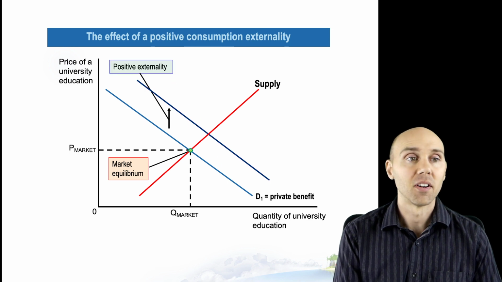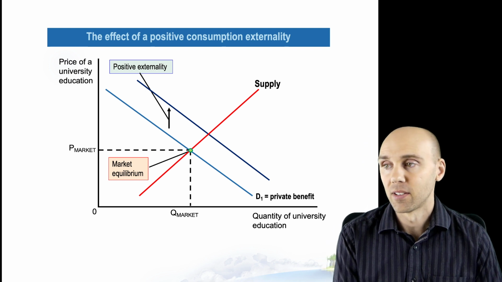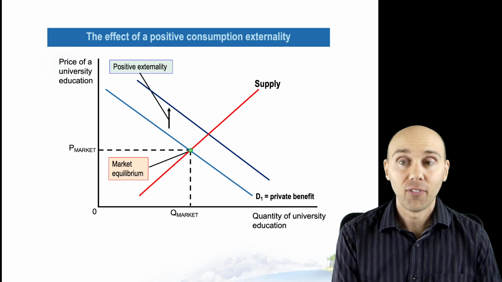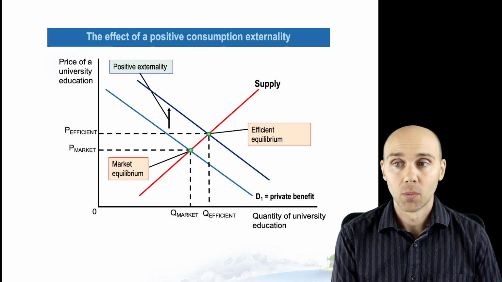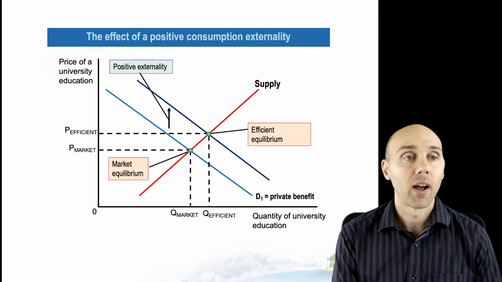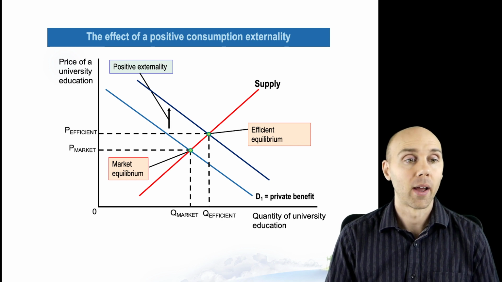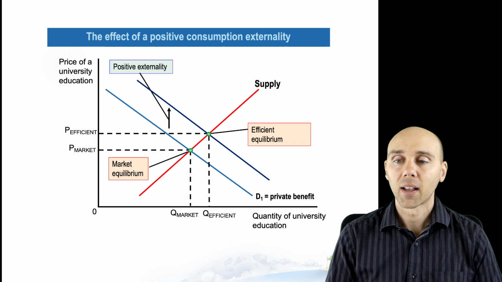So our initial demand curve we call the private benefit, and now we add in this positive externality. And when we do that, we see that the efficient market equilibrium point has more consumption in terms of quantity and a higher price. And we need that higher price because we need our suppliers to be supplying more to our market.